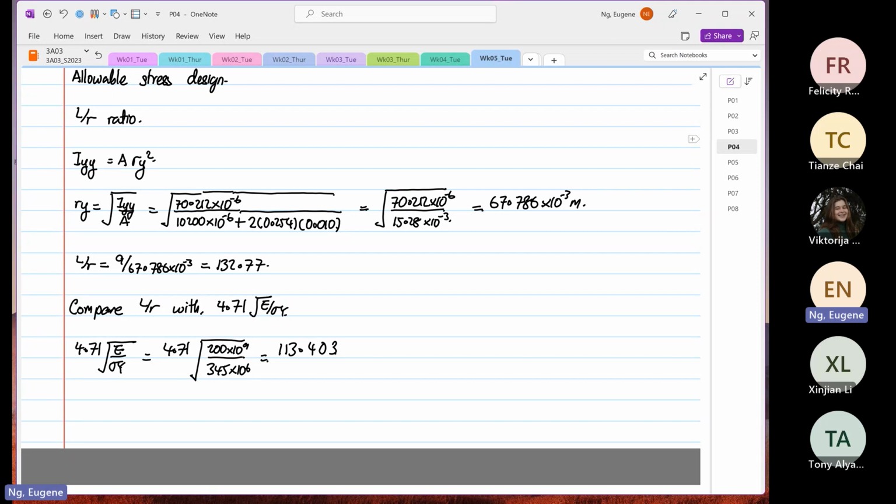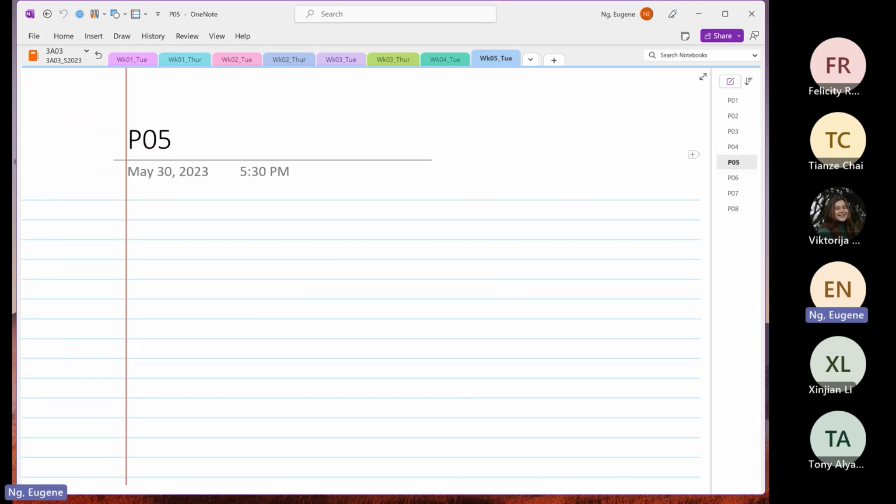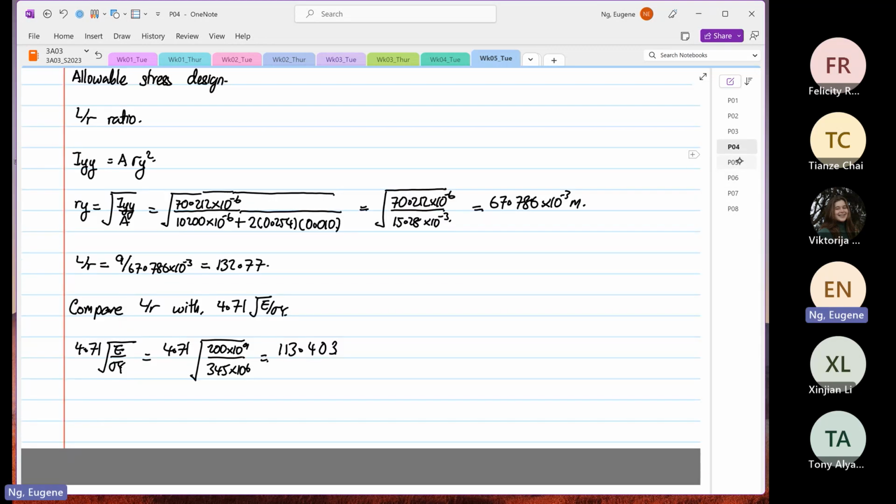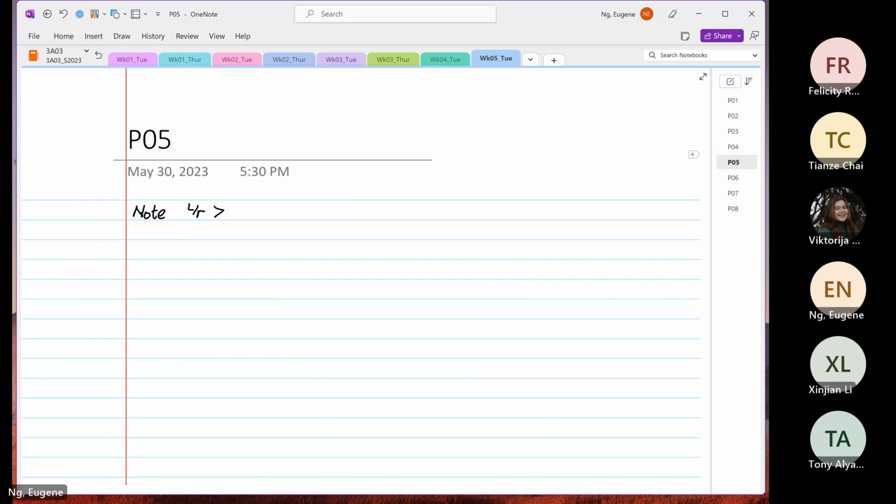Okay, 113. So now we know that L over R is greater than the value we calculated of 113.403.